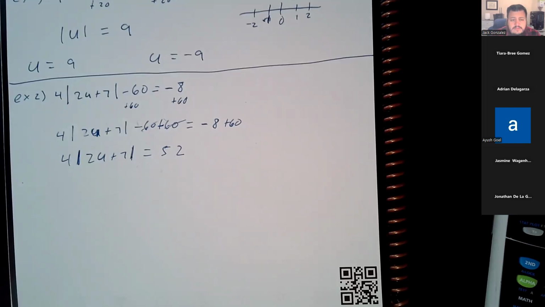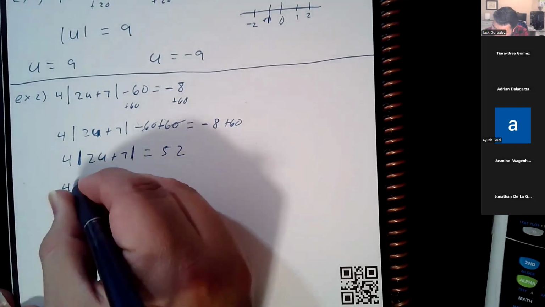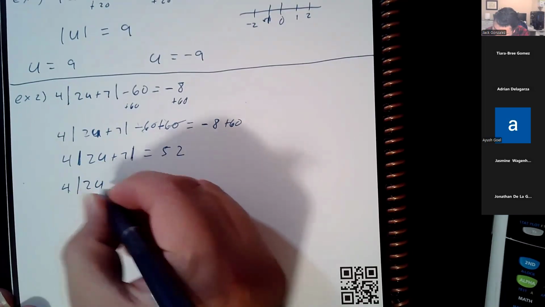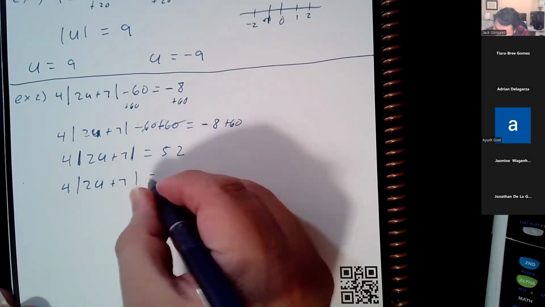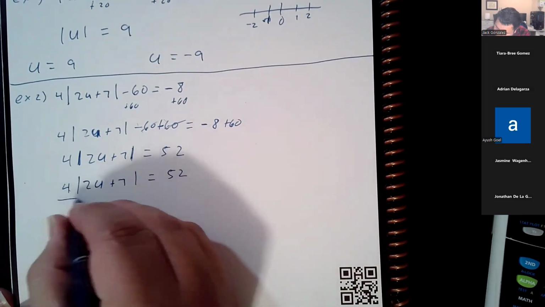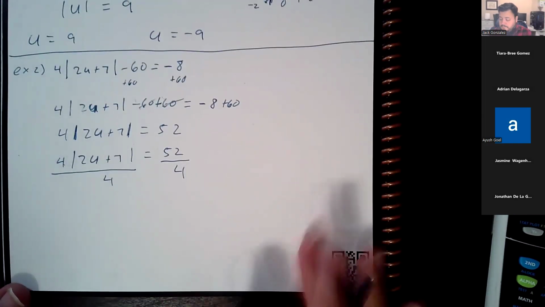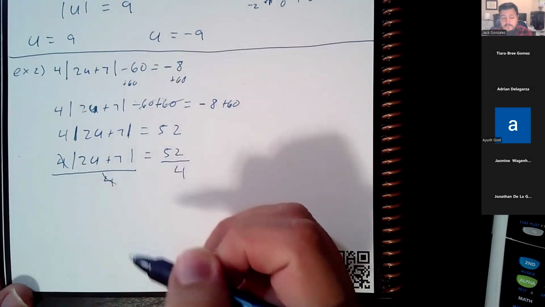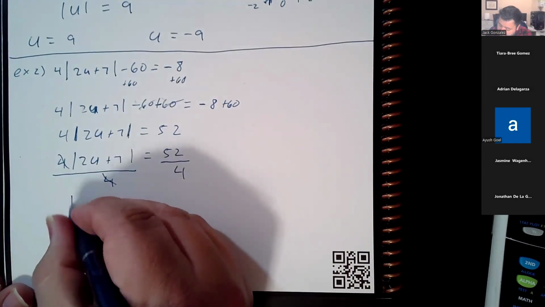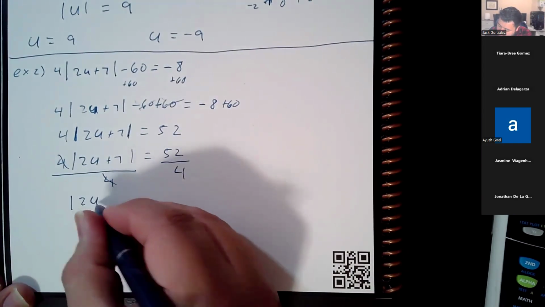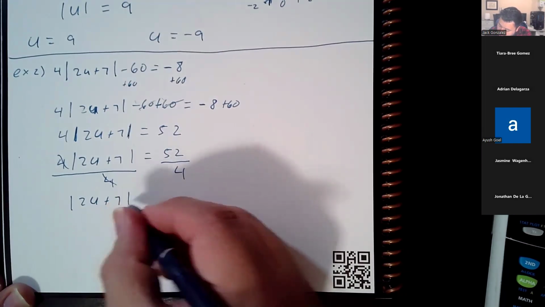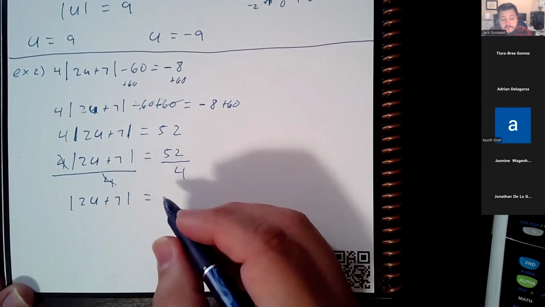Yeah, so if I want to cancel a product, we have to divide. So right here, divide by 4, divide by 4. These are gone. 4 divided by 4 is 1. So now I finally isolated the absolute value part.